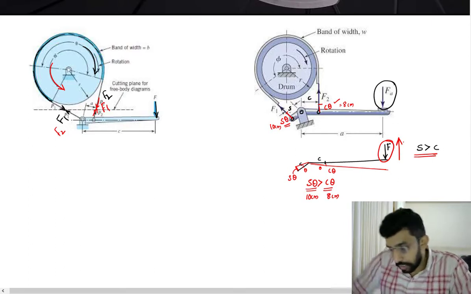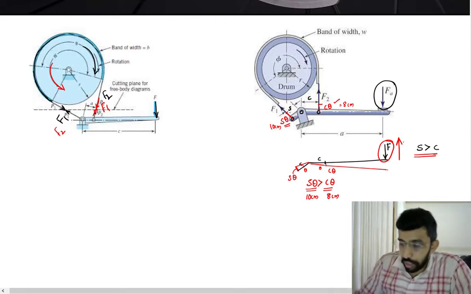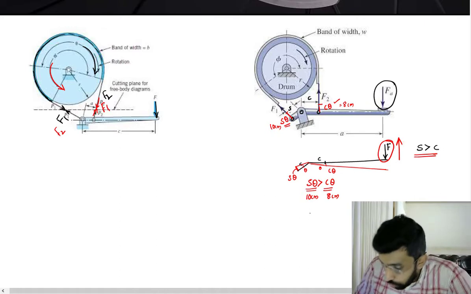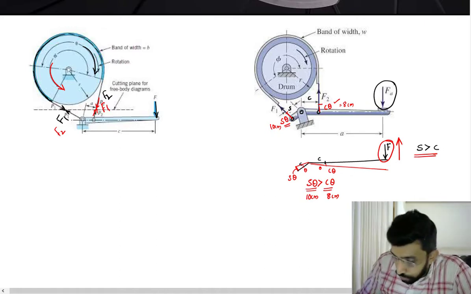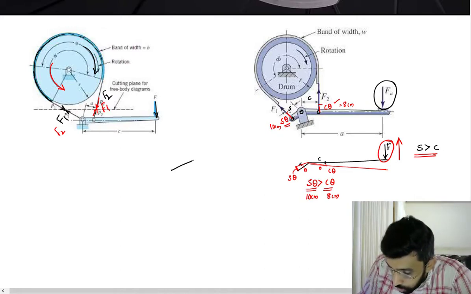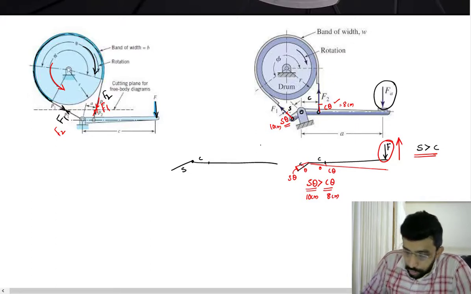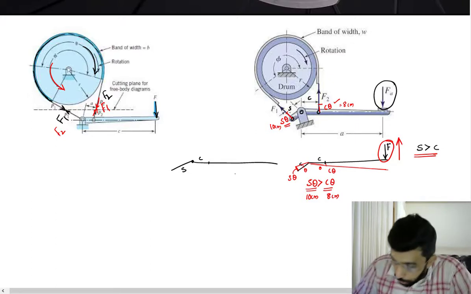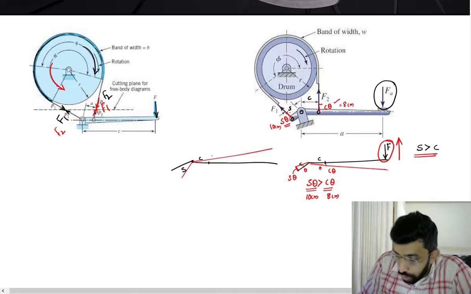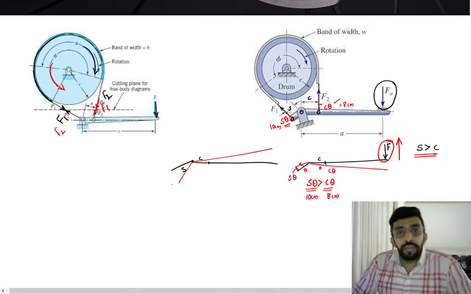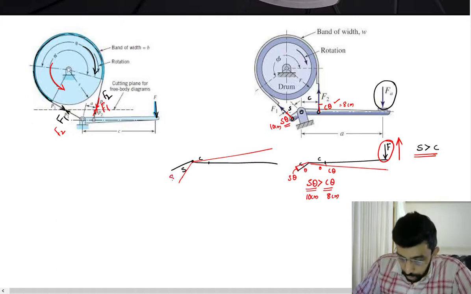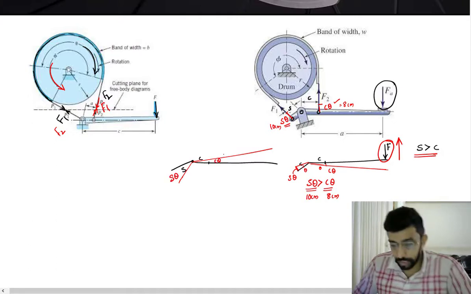Anyway, let's take the other case, the upward direction. How is the system going to behave? Say this was the initial condition, with S and C. Now you have applied the force in the upward direction. This is the position that the lever is going to take. So this is S theta and this is C theta.